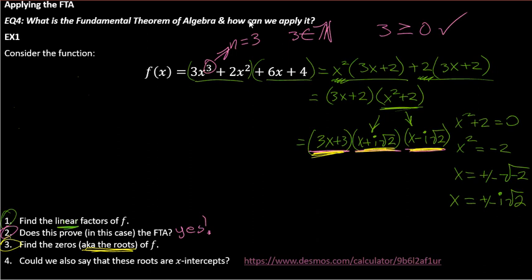All you do is set these all equal to 0. So for 3x plus 3, we're going to end up with x equals negative 3 over 3, which is negative 1. So one of our roots is negative 1.